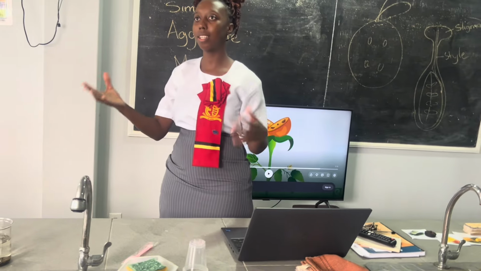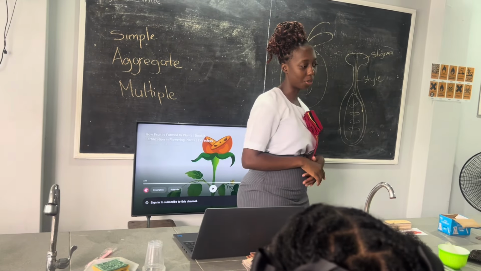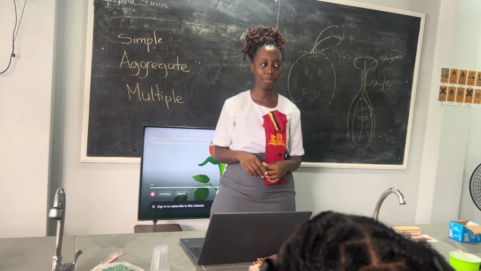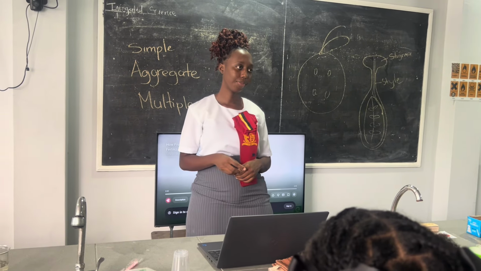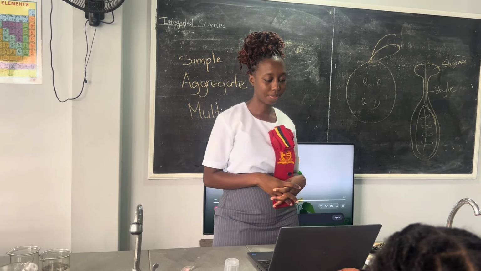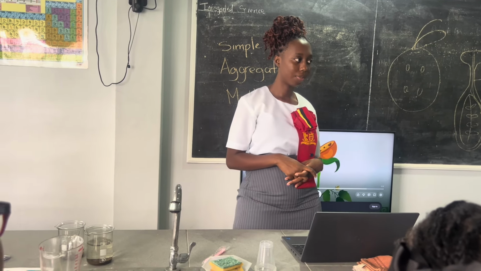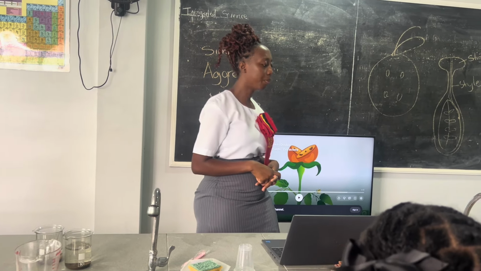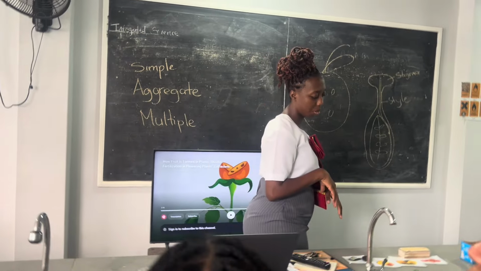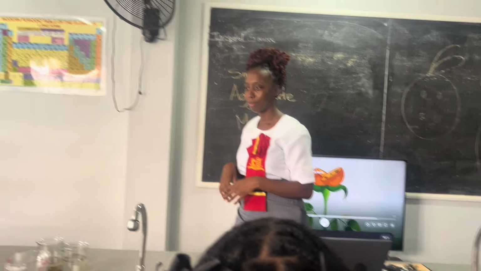Also, besides it being helpful to us, it does something for a part of the fruit as well. Think about what's inside of this fruit. Remember, the endocarp is found in the middle of the fruit.